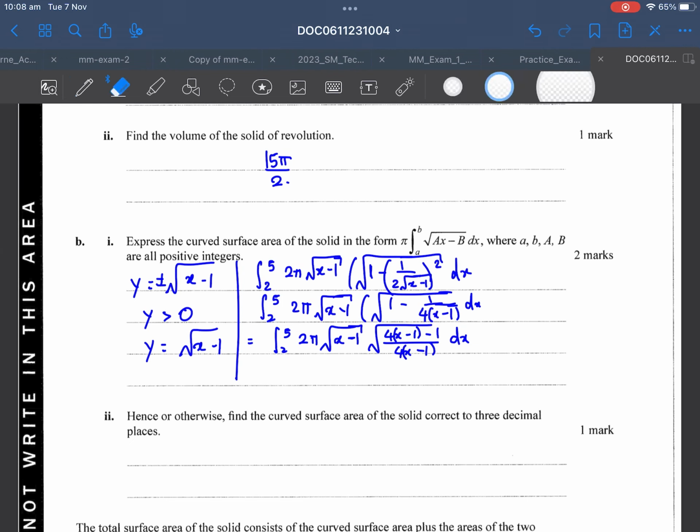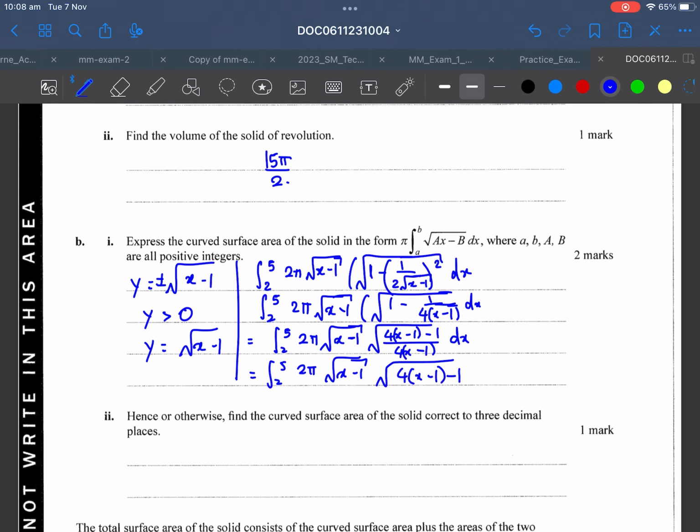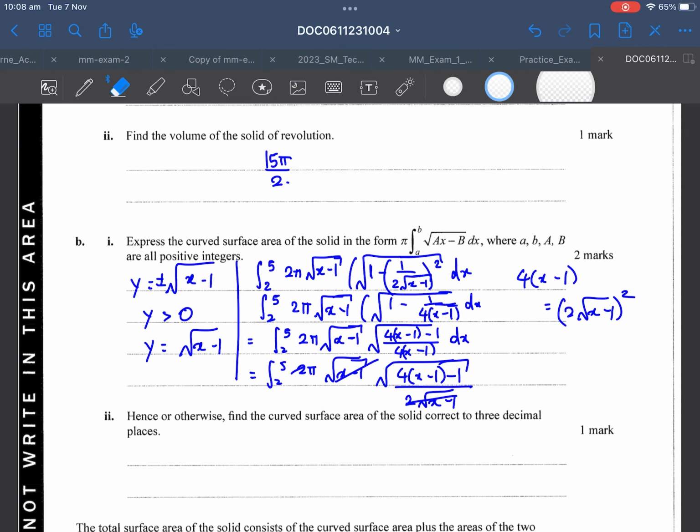Actually, no, it's okay. I'll just take it on the next step. So 2π times the square root of x minus 1. We can write this as it is, but the denominator, we can say that 4(x minus 1) is the same as 2 root x minus 1 whole squared. So now this and this cancel out.